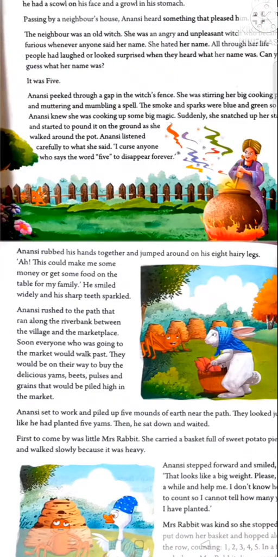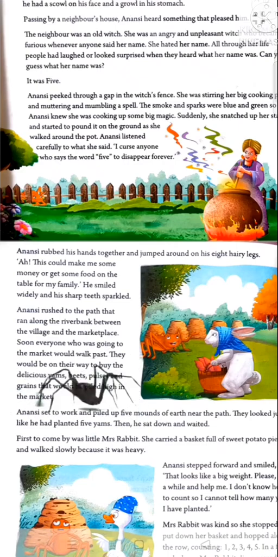Next, Anansi rubbed his hands together and jumped around on his 8 hairy legs. This could make me some money or get some food on the table for my family. He smiled widely and his sharp teeth sparkled. So here we get to know that by hearing this magic, Anansi was very happy, and as he was in the form of a spider, he had 8 hairy legs.